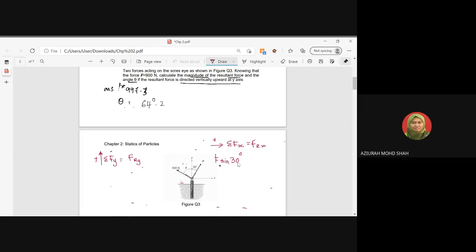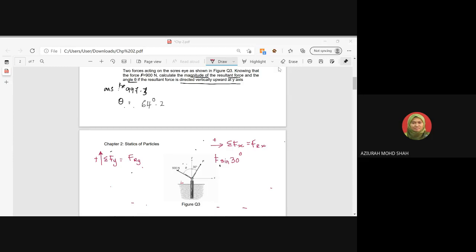Saya tak mau ulang lagi macam mana nak obtain sin 30 apa semua tu. So kalau you nak tanya, tanyalah di luar kelas, sebab nanti kalau kita terang dalam kelas, dia akan ambil masa yang banyak. Orang lain nak belajar ke depan lagi, so dia akan drag orang lain ke bawah. So kita tak mau macam tu. Okay, so tak faham tak apa, nanti tanya saya.